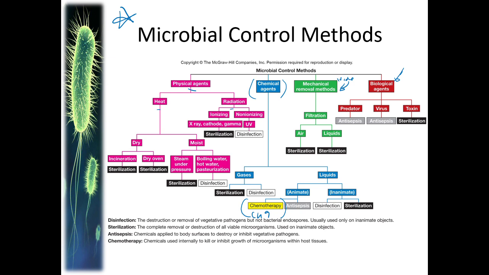It's a bad idea. So some of these are disinfecting, which means we're reducing the levels of pathogenic organisms, but not necessarily getting rid of everything. Some of these are antiseptic, meaning that we would use them on living tissue. And chemotherapeutics are the ones that we use inside living tissue.